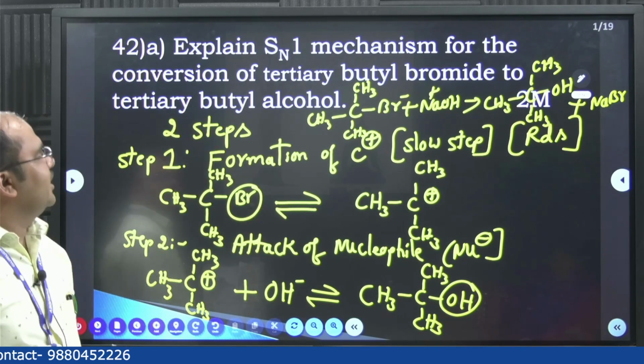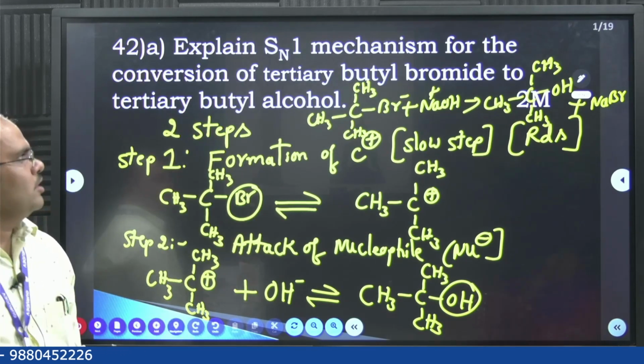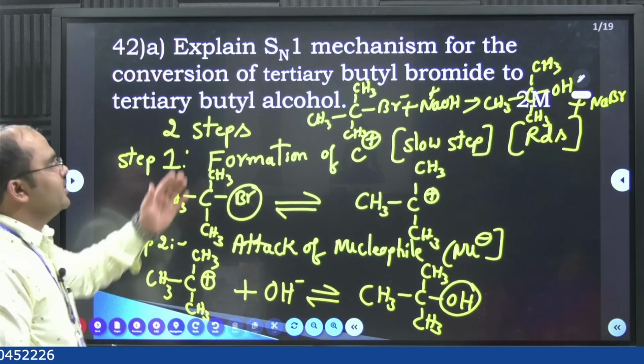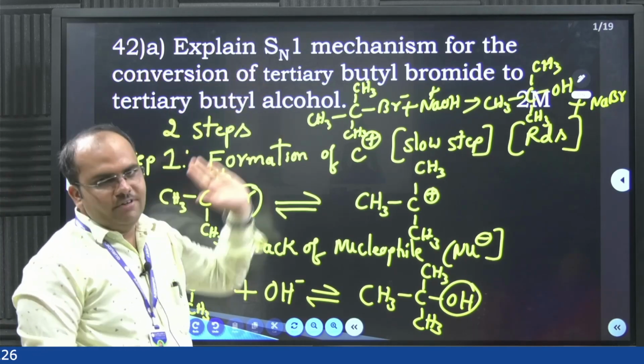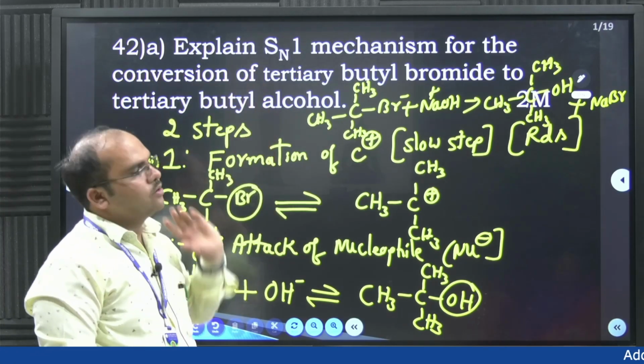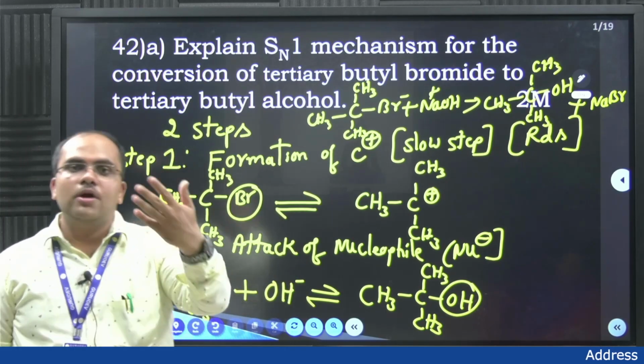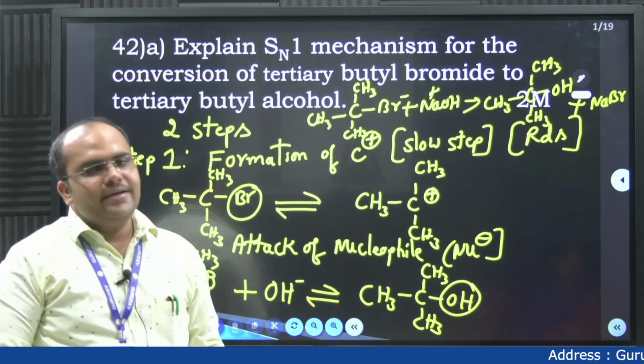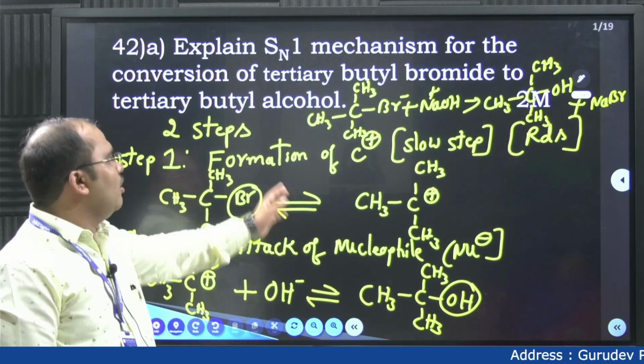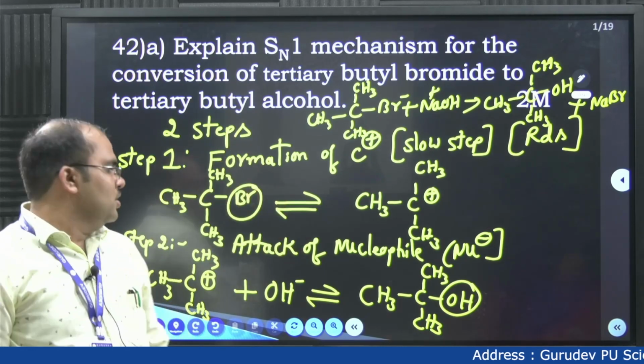Thus it is clear about the SN1 mechanism. My dear students, you may also get the question why it is called SN1. You have to explain that the rate is dependent only on the alkyl halide.